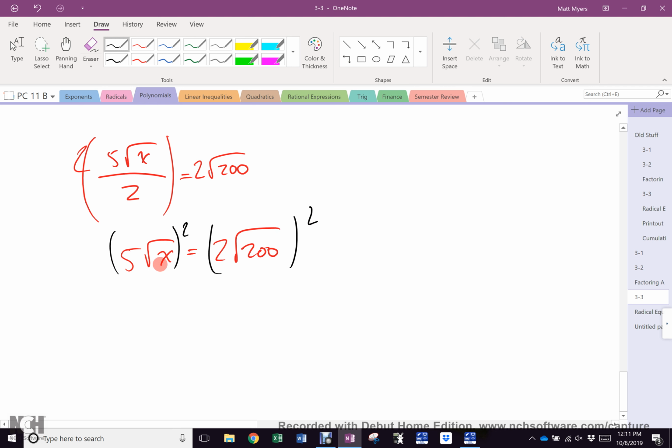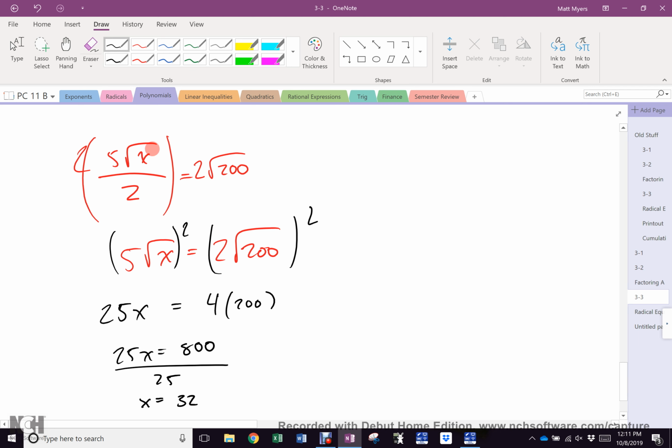What does that give me on the left? 25x. What does that give me on the right? 4 times 200, which is, of course, 25x equals 800. Now what? Divide by 25, and x equals 32, I believe. Yeah. It's 32.